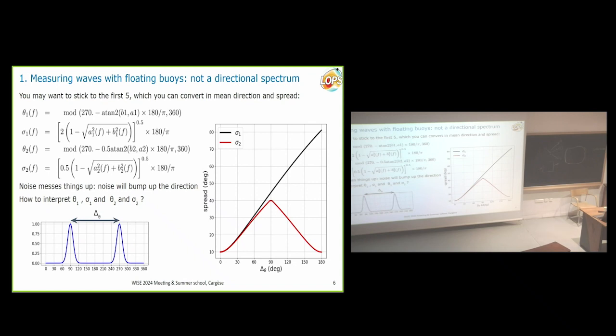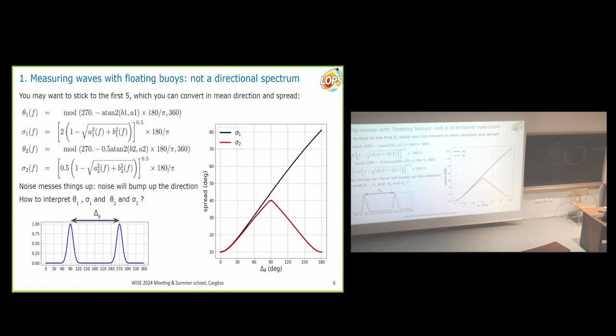So this parameter sigma 1 is actually the sigma of the Gaussian if you have a Gaussian spectrum, which is nice. As you separate them and they get further apart, at the beginning sigma 1 and sigma 2 have the same value. And then they separate, and sigma 2 has a maximum, which is square root of 2 divided by 2 in radians, which turns out to be something like 40 degrees. And sigma 1 will increase all the way to 82 degrees, which is square root of 2 radians, right?